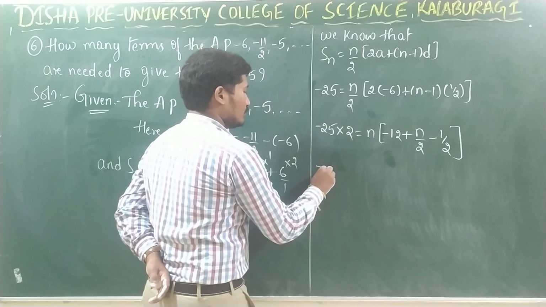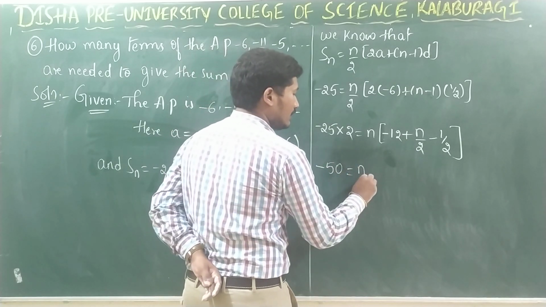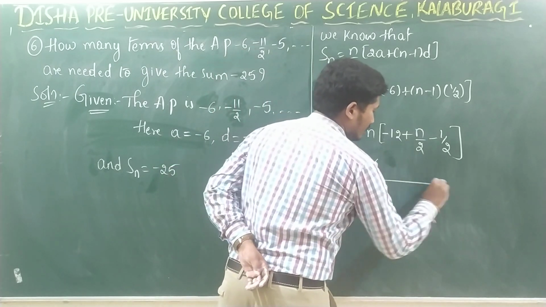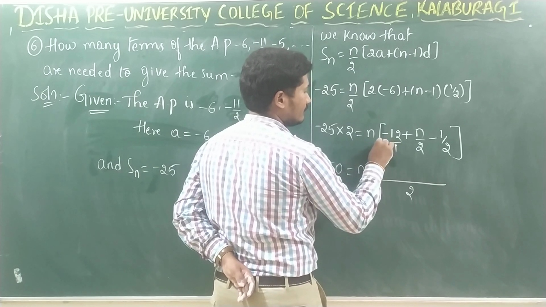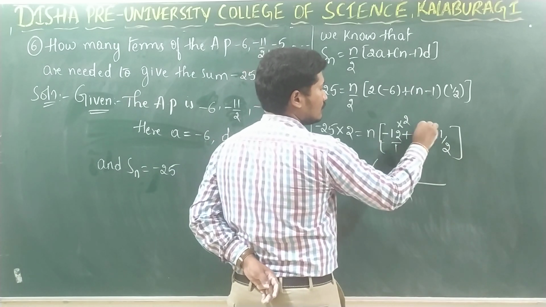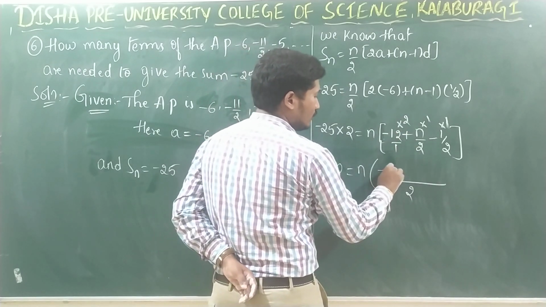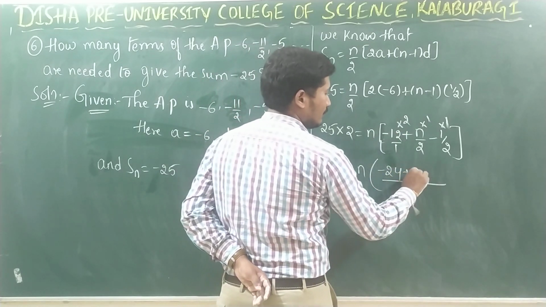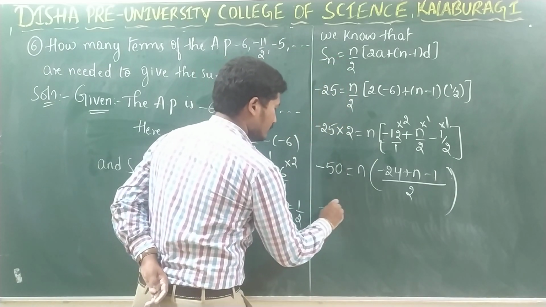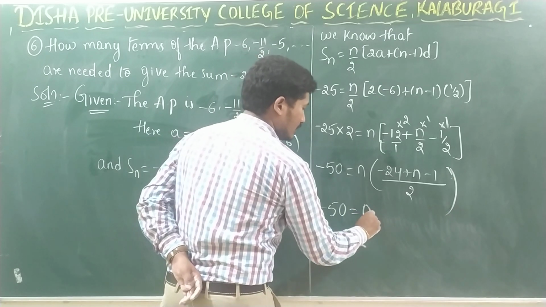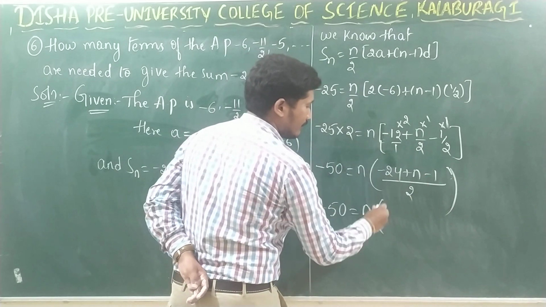Right? So minus 25 into 2 is minus 50, is equal to n into, now let us add all the terms. The LCM is 2, right? So 1 twos are 2, 2 ones are 2, 12 twos is 24, so this is minus 24 plus n minus 1, right? So minus 50 is equal to n into, see these two are numbers, they are like terms, so add them.